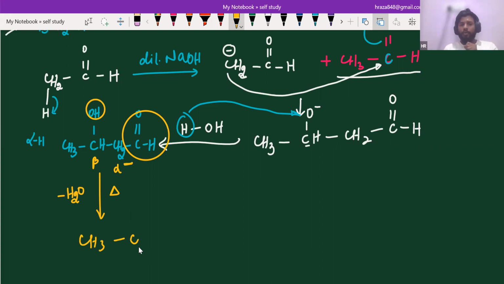So you can see this will be CH, then a double bond, and then CH2 was there. Now it will be CH because one of the hydrogens is lost with OH to eliminate water. So this will be the product after aldol condensation, and in cross aldol condensation, this is the first product you got.